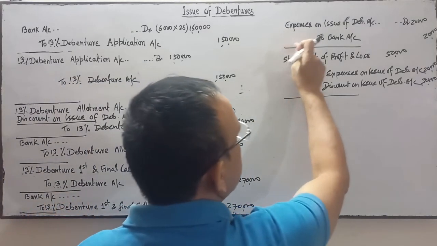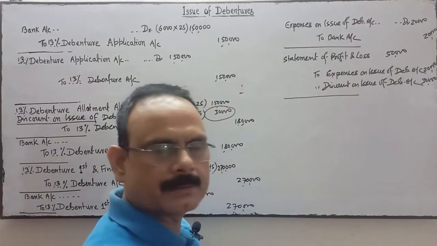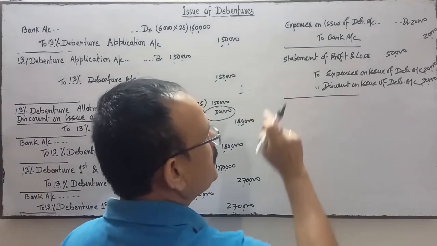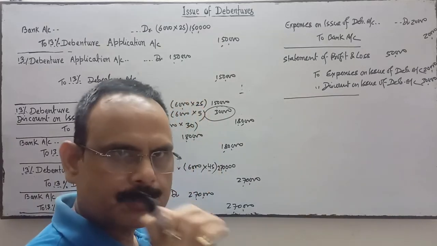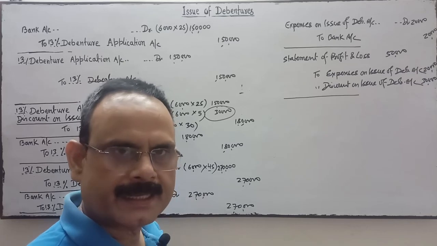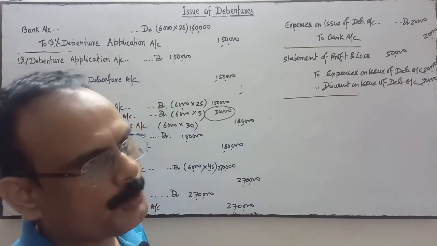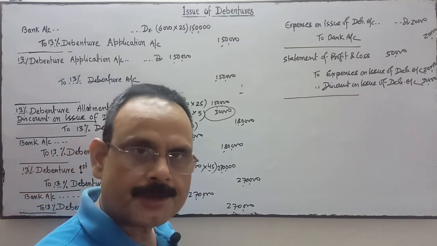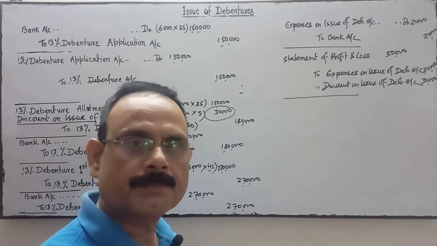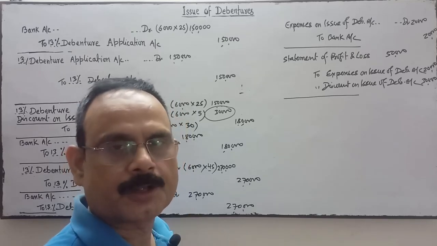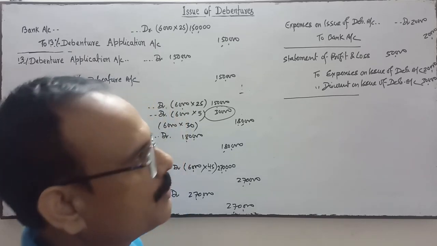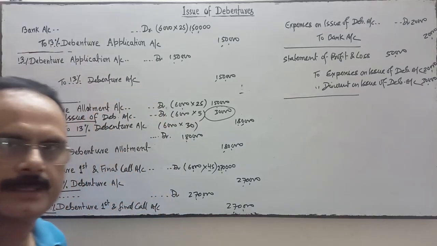Here the issue expenses paid, and the narration will be being expenses on issue of debentures paid. And being expenses on issue of shares and discount on issue of debenture written off in the year of expenses and losses itself. So this will be the narration. Okay.